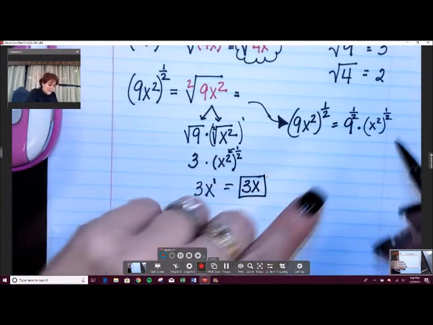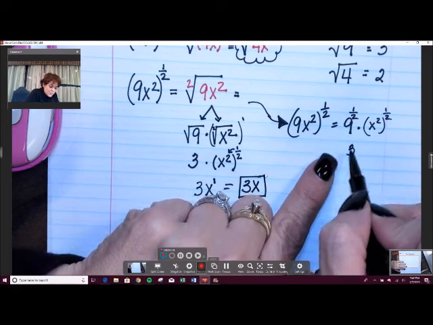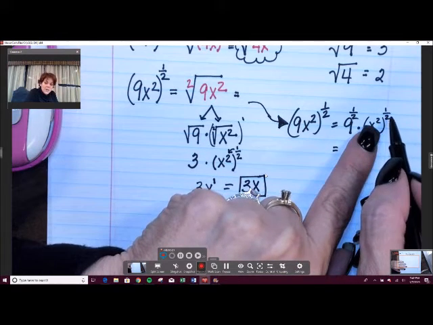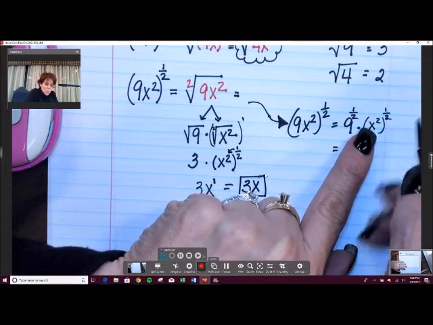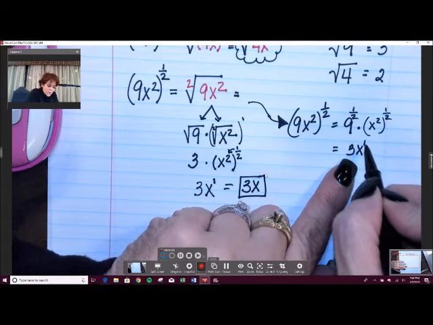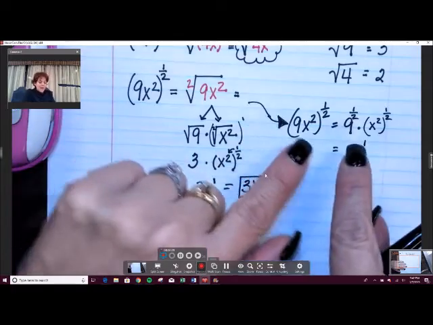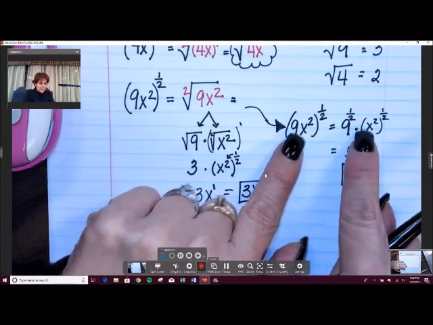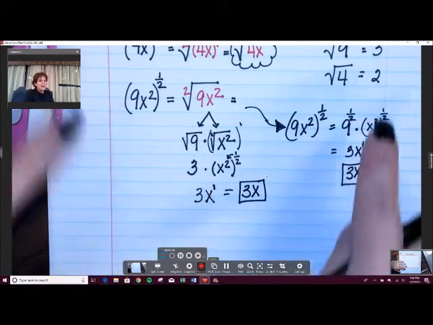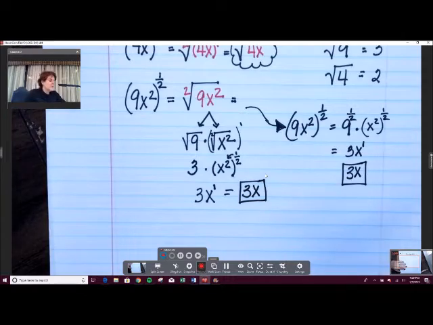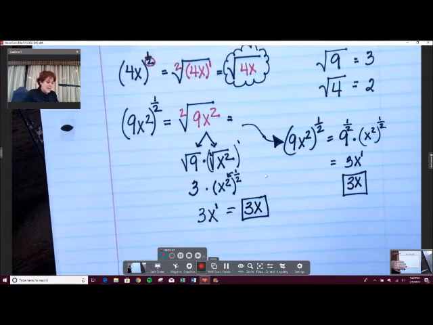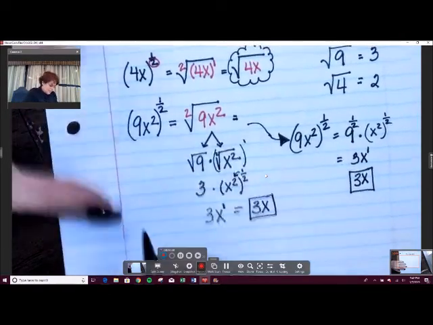I didn't even have to know anything. 9 to the 1/2 is 3. 2 times 1/2, I already know that's 1. So that's x to the 1, or just 3 times x. So I could do it this way, term by term, or I can know that it's this way. You're probably already going, oh, this way is way easier. We'll do it both ways. You'll see. Okay, let's do an example.